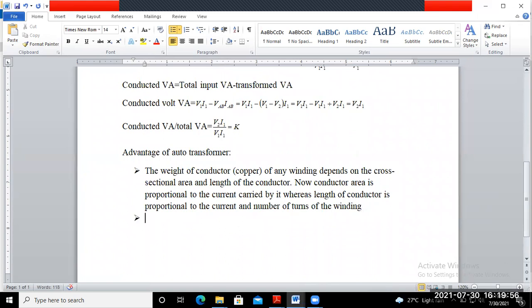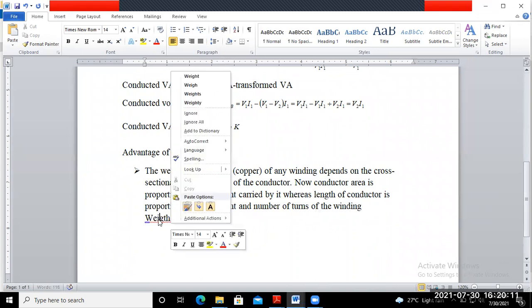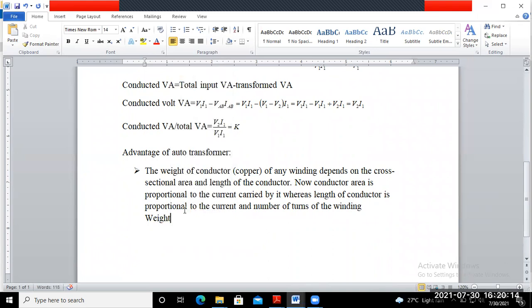So the weight of conductor of winding AB is equal to number of turns into current flowing through that winding.